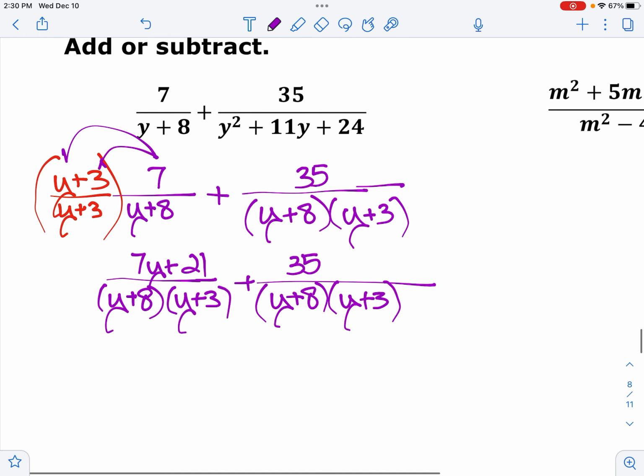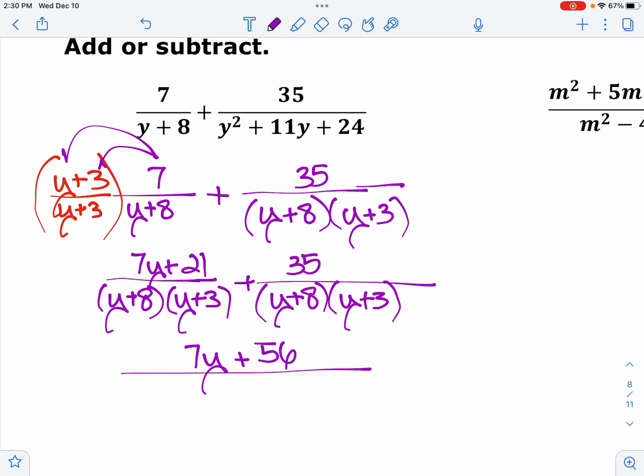All right, now put them together, right? So I would have 7y plus 21 and 35 end up giving me 56. And then on the bottom, I'd have y plus 8, y plus 3.